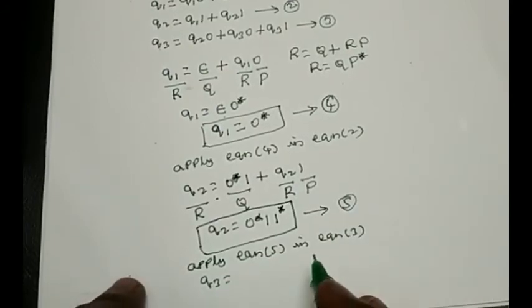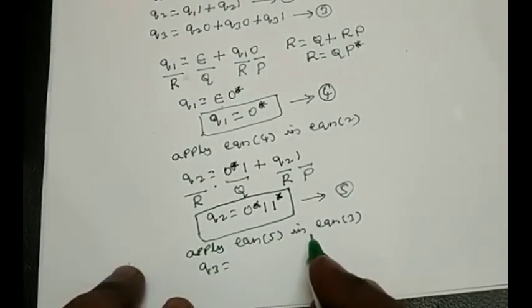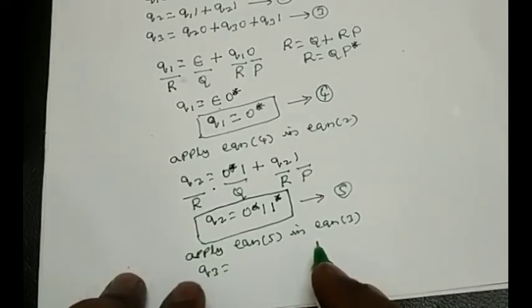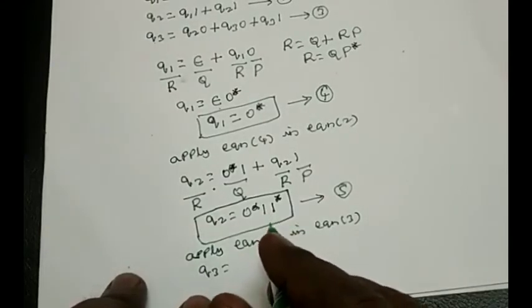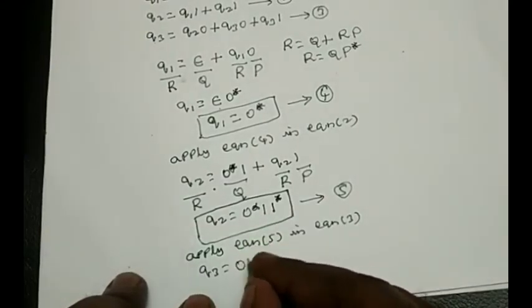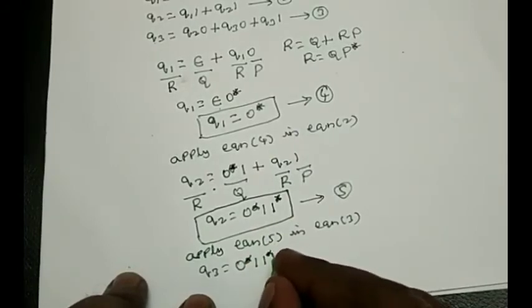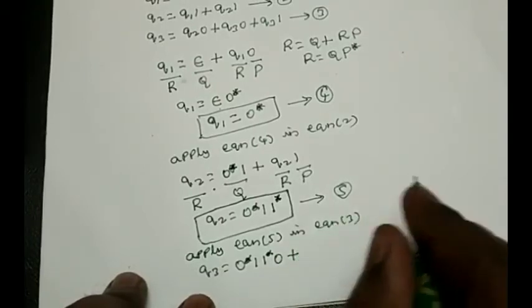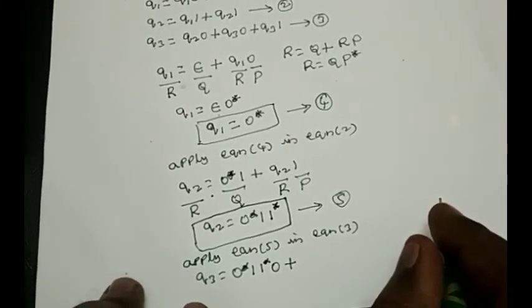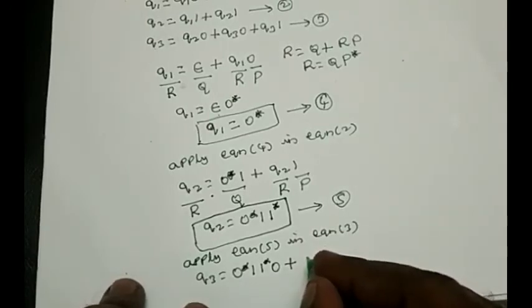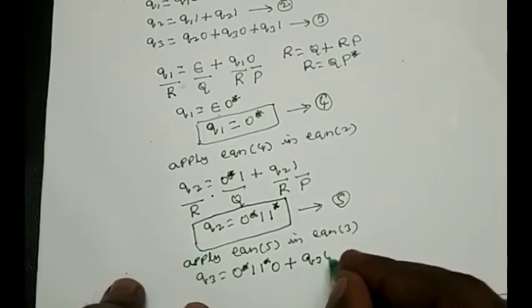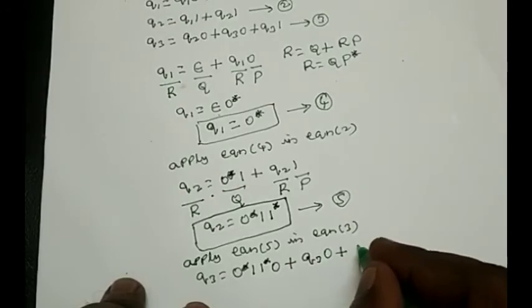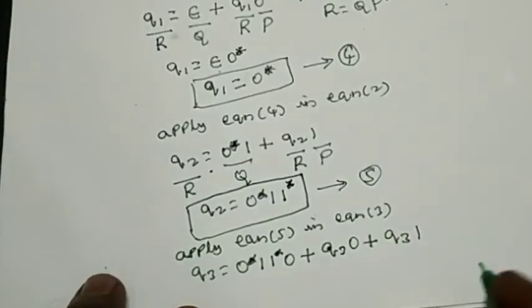So Q3 is equal to Q2, and you know the value: Q2 is actually 0 star 1 star, and already 0 is there, plus. So for Q3 you have 0 and 1.